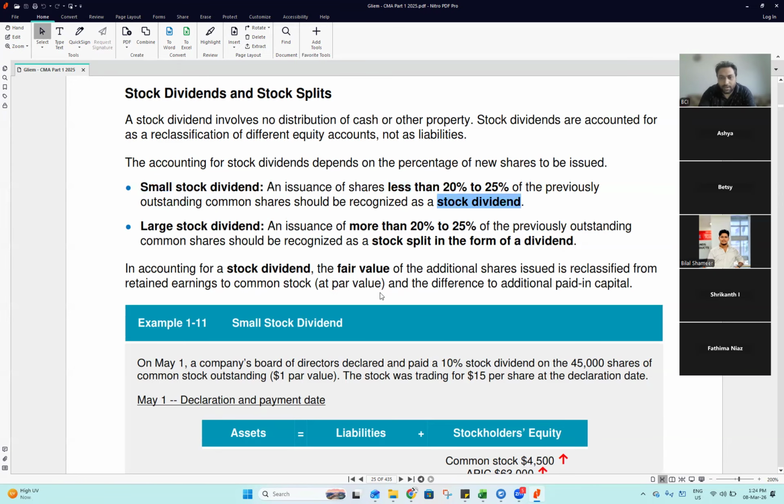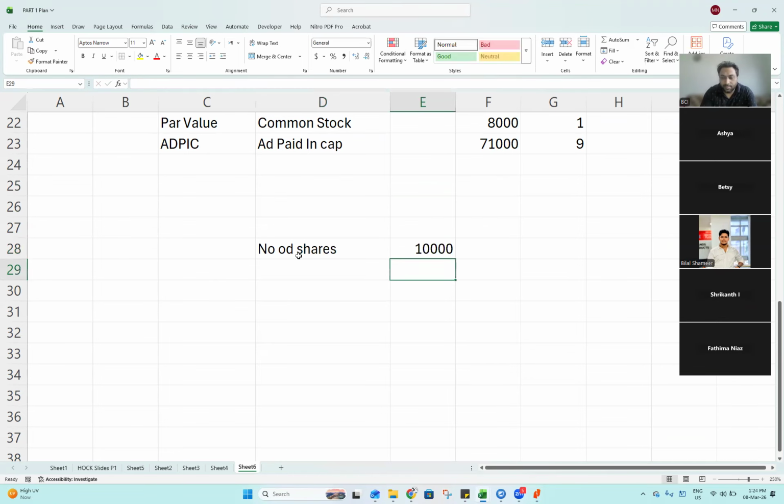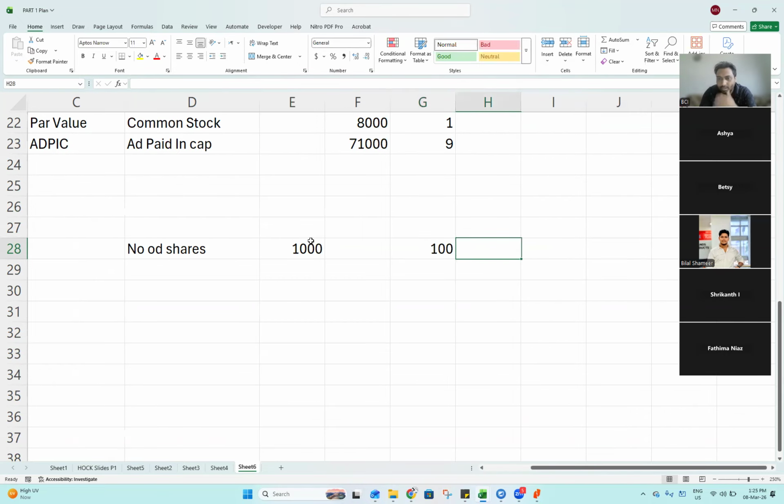Now, for example, I have 1,000 shares. The company is going to give me 1 share for each 10 shares I hold. Then how many shares will I get here? Basically 10%, right? So I'll get 100 shares. Got it? Yes. This is a stock dividend.